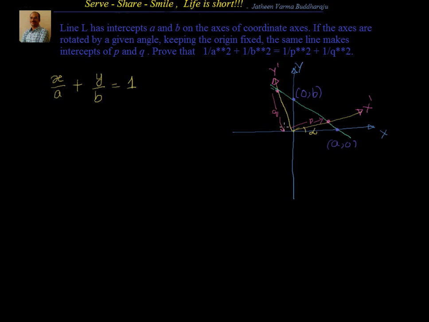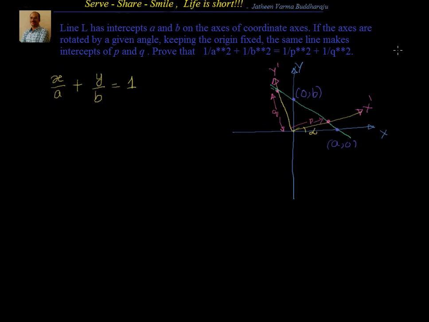I hope you are okay with that. So that is point p and this is point q. Okay, right. So now we have to prove that 1 by a square plus 1 by b square equals 1 by p square plus 1 by q square.